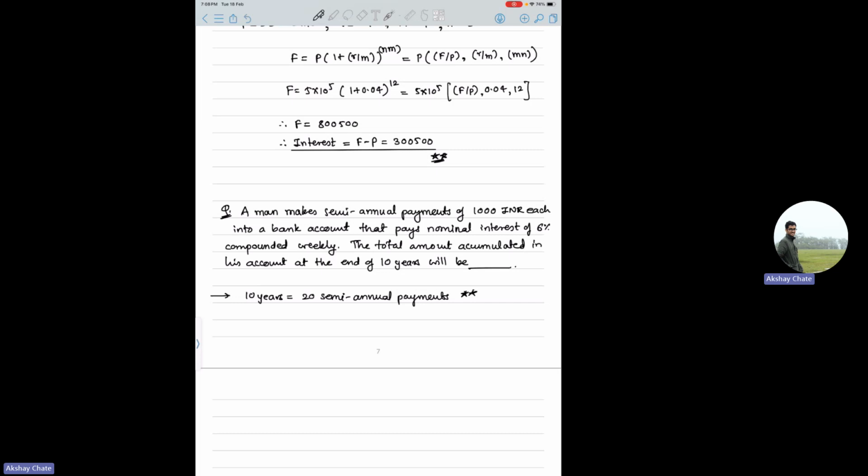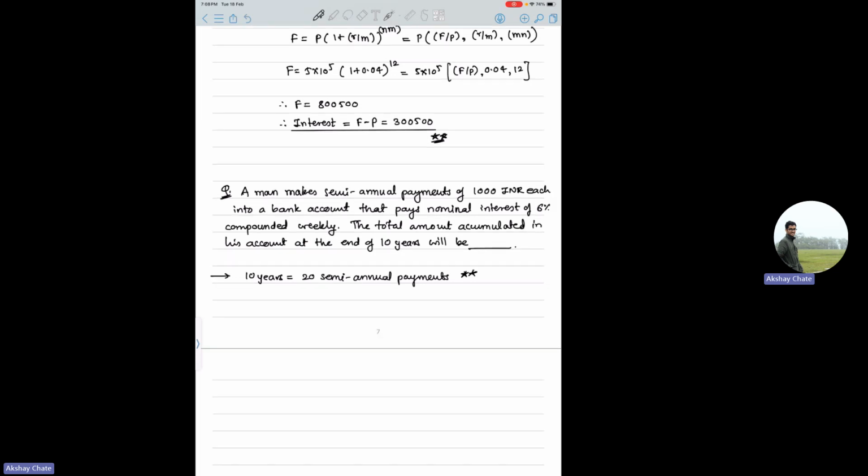Okay. So here, one additional thing is they are compounding the interest weekly. Okay, so let's convert that into effective interest for 6 months, right? So effective annual rate. Actually, we should not call this annual because this is not annual. So effective interest rate for, let's say, 6 months, because we are now looking at semi-annual payments, right?